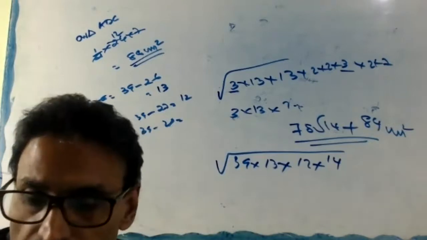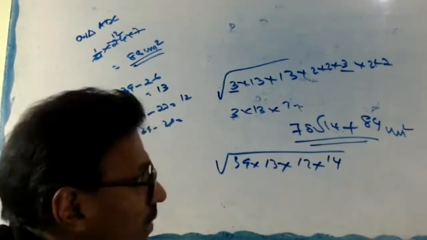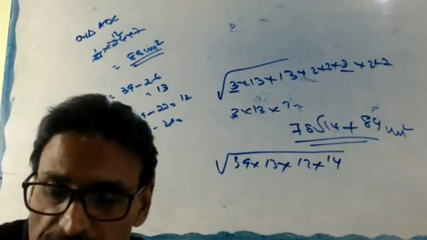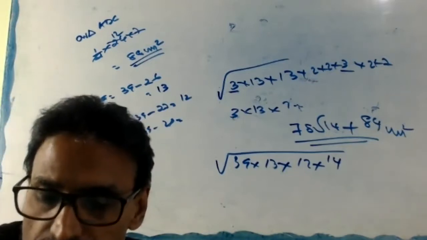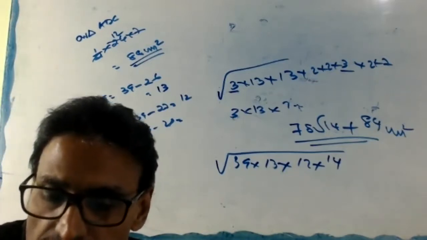Sri Kumar, what is your question? S is what? (A plus B plus C) by 2. That we discussed last class, no?